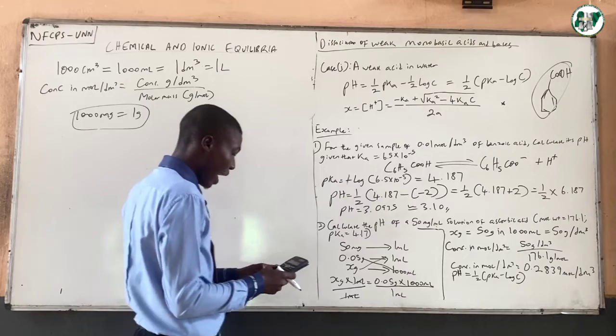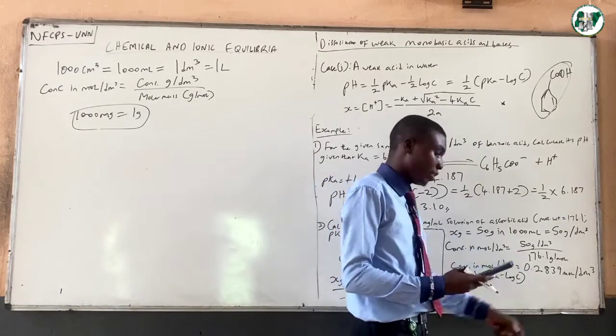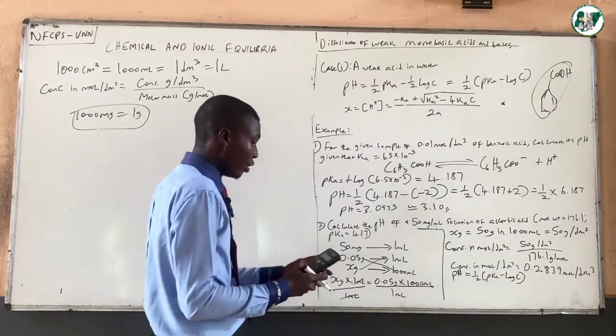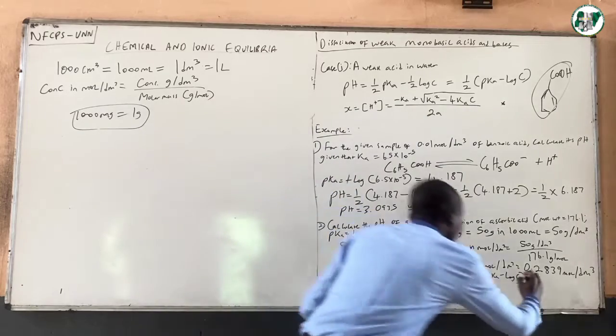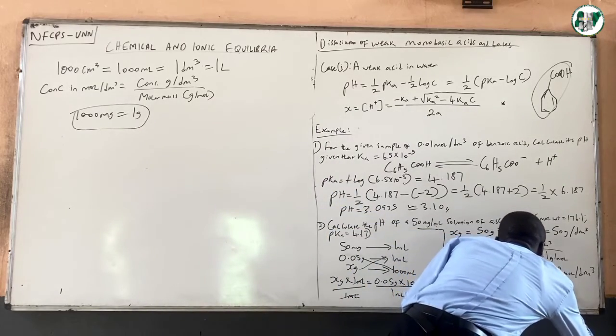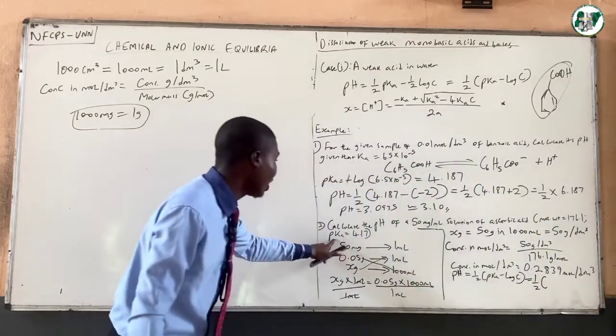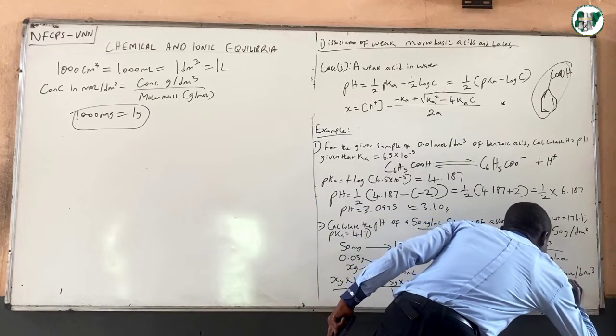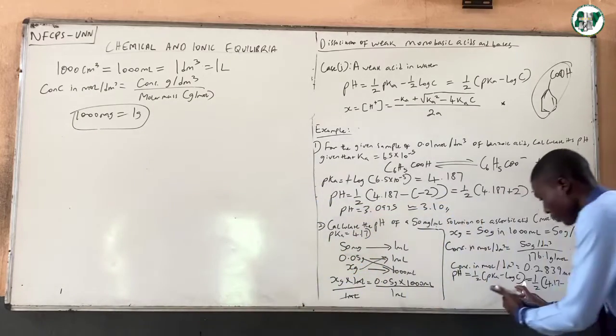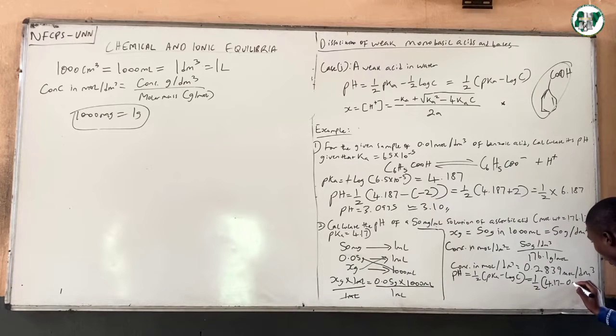What's our C here? Our C is 0.2839. So it's going to be 1/2 brackets. What's our pKa? According to the question, pKa is 4.17, minus 0.5468.